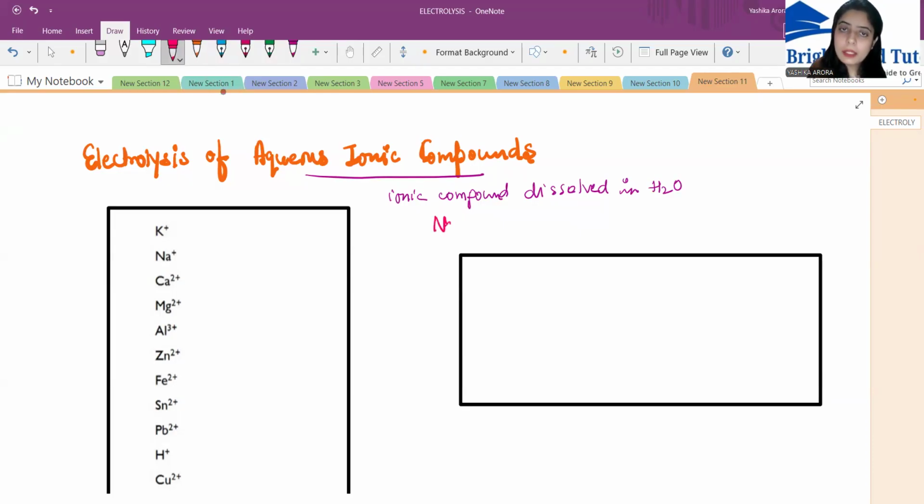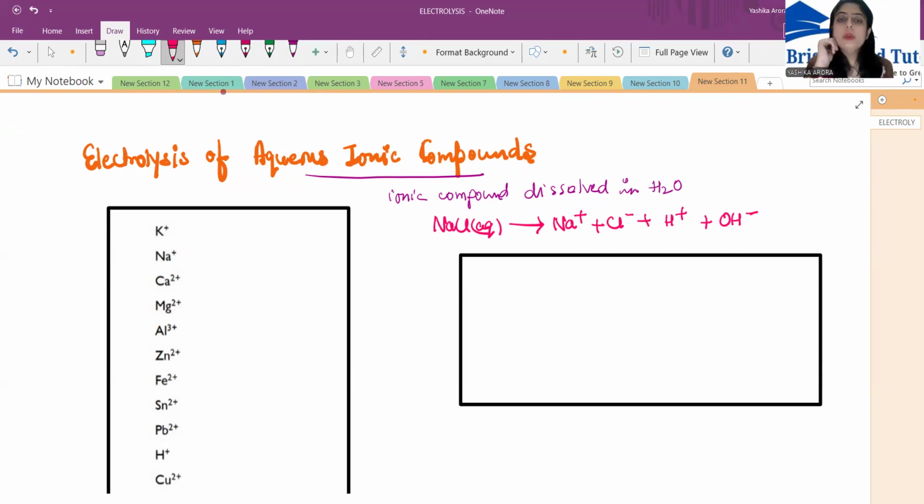Let's say I'm writing NaCl aqueous. The available ions will be, since aqueous means you also have water, Na+ and Cl-, and H+ and OH-. So 4 types of ions are available for me.